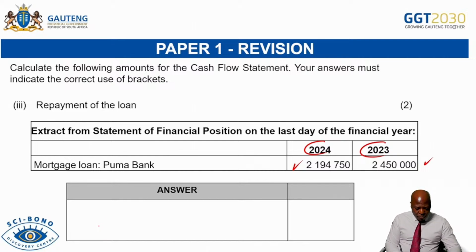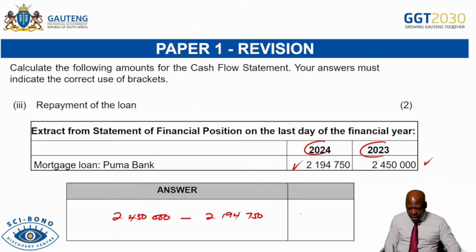So I'll simply say 2,450,000 minus 2,194,750. And the difference is 255,250. Once we are talking about a repayment of loan, that is a cash outflow as well. Remember, your loan is part of your financing activities.